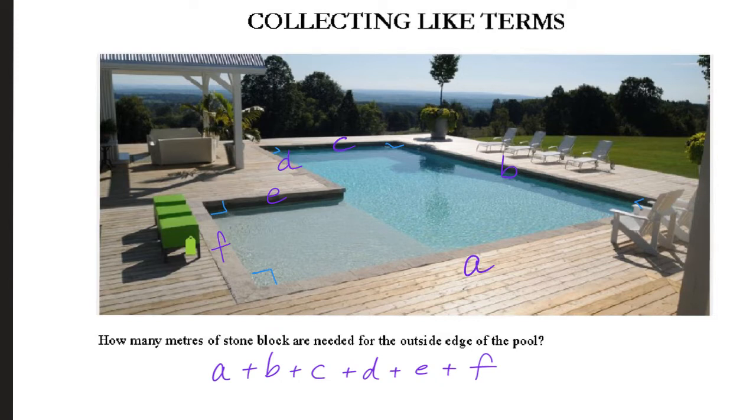Okay, some people may be having a question along the lines of, does this little corner that happens here happen halfway down the pool? And there is nothing in that picture that says it does. So you cannot assume that F and D are the same length.